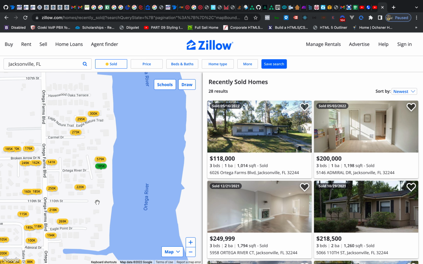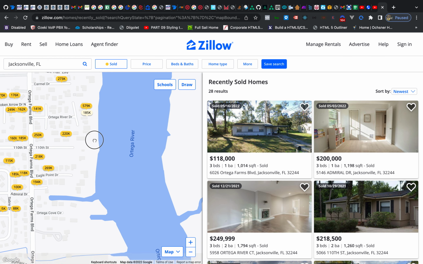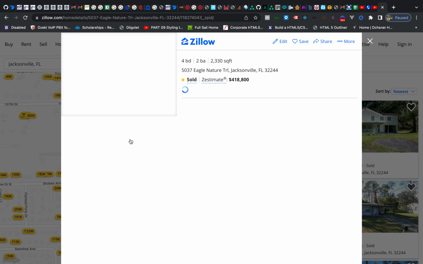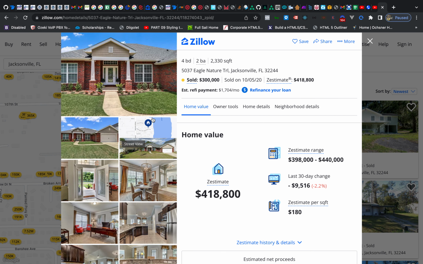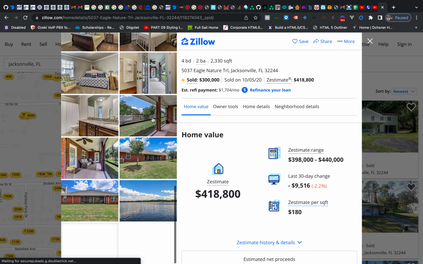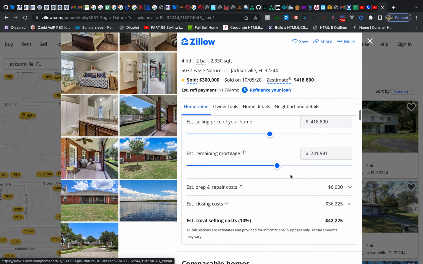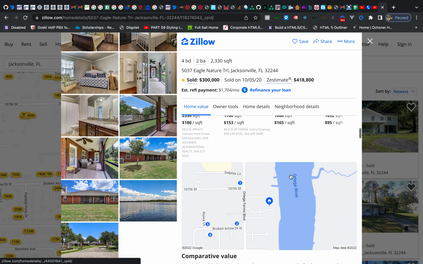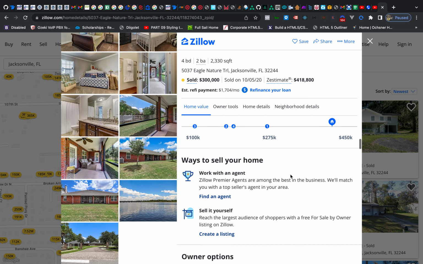But this house right here, let's look at this. This house right here is not too far from the water. Let's look at it. What's the lot size? It was sold for 300 grand in 2020.